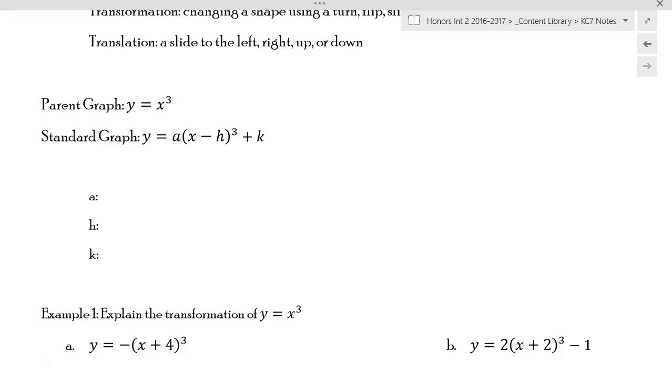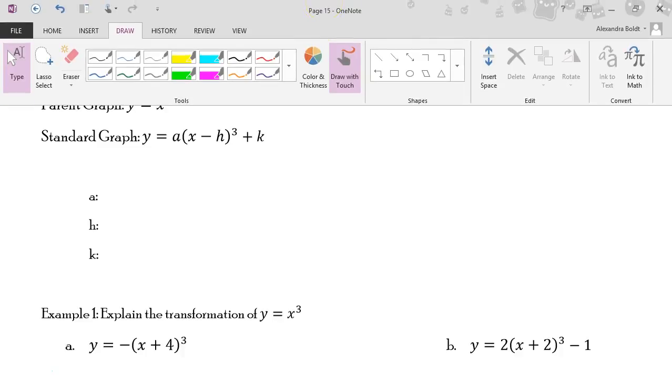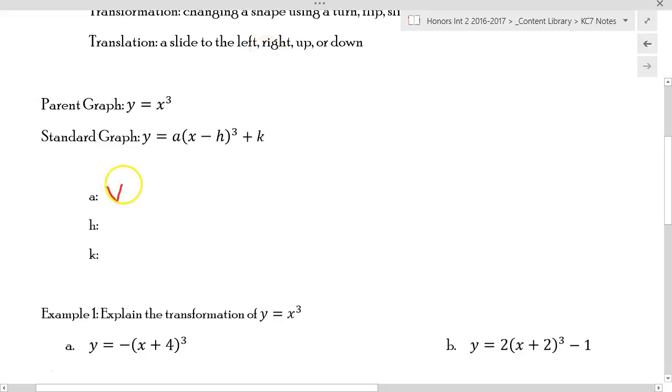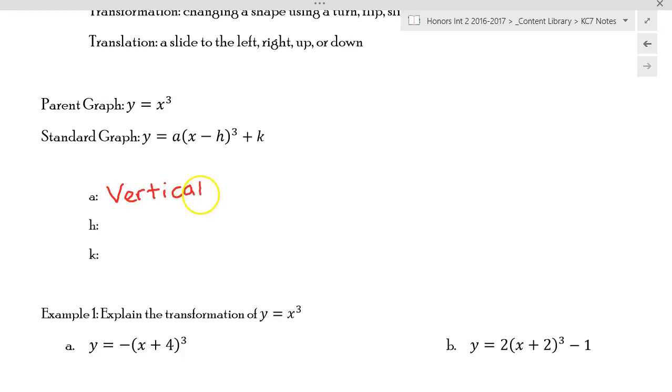So, looking at what those letters mean, A, whatever A is, we say there's a vertical stretch by the absolute value of A. That means it doesn't matter if it's positive or negative. It's going to be vertically stretched by whatever A is. Okay?